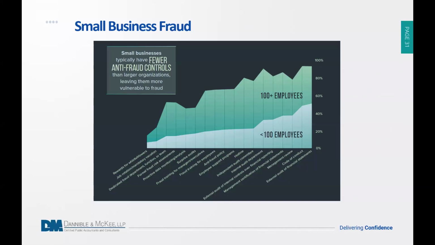So we have companies with less than 100 employees, and only about 20% of them are actually sitting down and having a conversation about the fraud risk at the company and critically assessing it to put a plan in place. Whereas if you look at companies with over 100 employees, you have about 60% doing that.